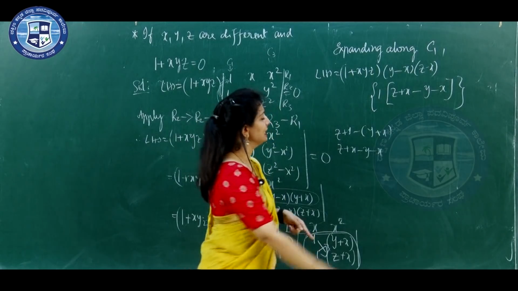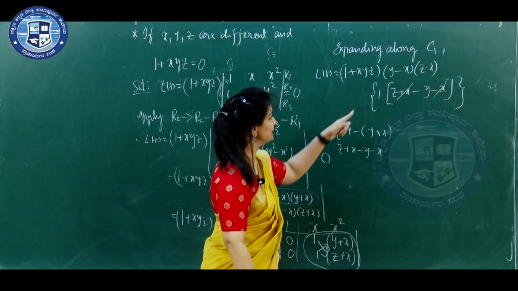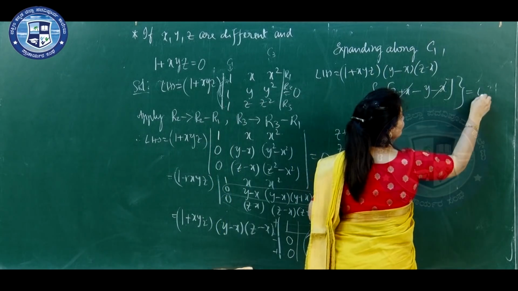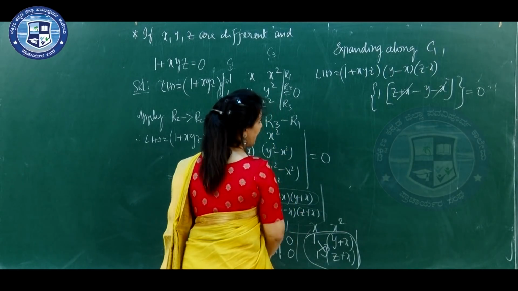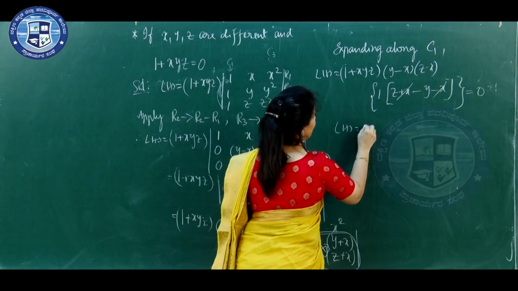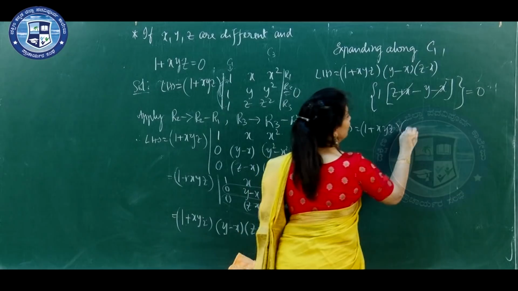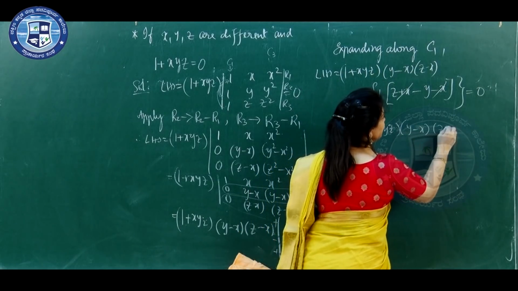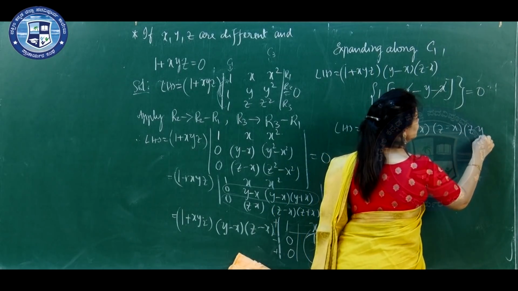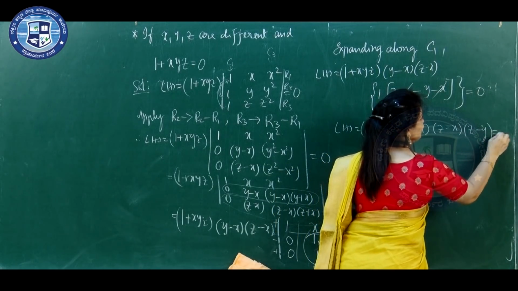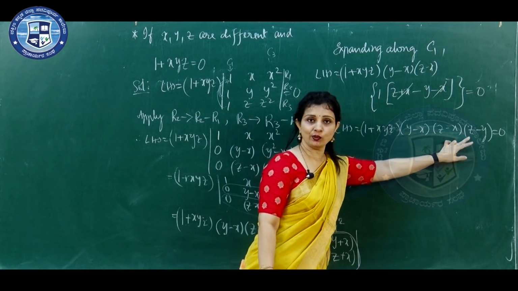Determinant value we got. Look at this. Here plus x and minus x can be cancelled. So the remaining term is z minus y. So LHS equals 1 plus xyz into y minus x, z minus x into z minus y, which is equal to 0. Now, the product of 4 factors is 0.